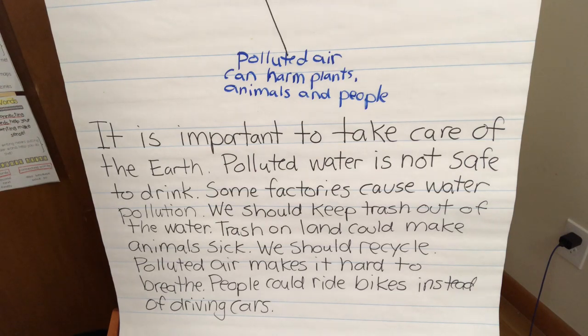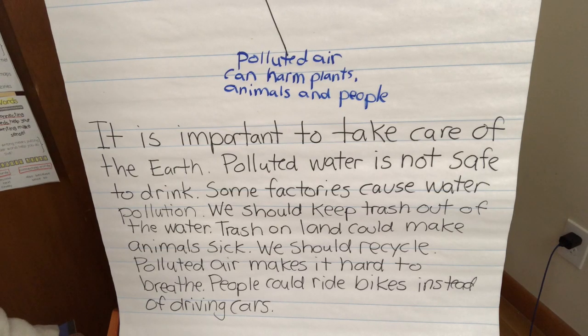Polluted water is not safe to drink. Some factories cause water pollution. We should keep trash out of the water. Trash on land could make animals sick. We should recycle. Polluted air makes it hard to breathe. People could ride bikes instead of driving cars.